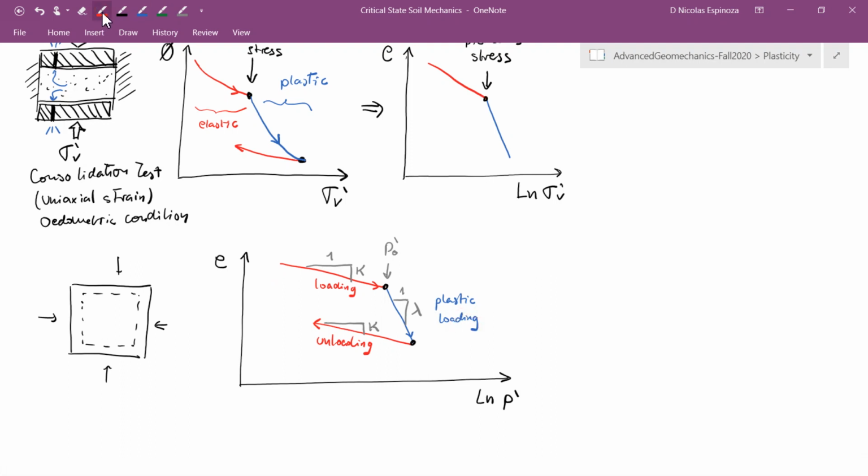I forgot to add here that these both are elastic paths, and the equations that come out from this plot are the following.